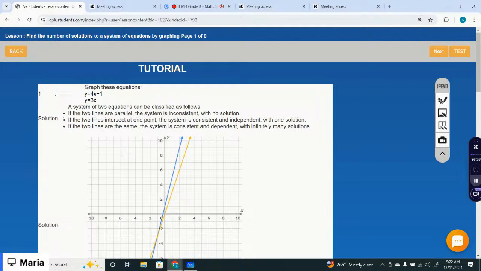Graph these equations y equals 4x plus 1 and y equals 3x. A system of two equations can be classified as follows. If the two lines are parallel, the system is inconsistent with no solution.